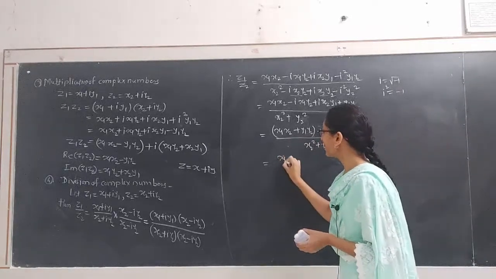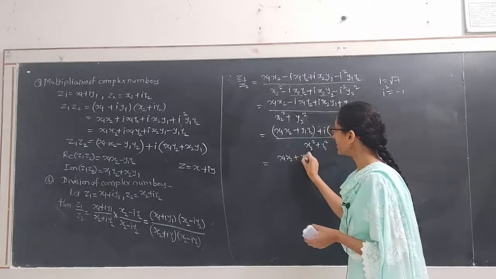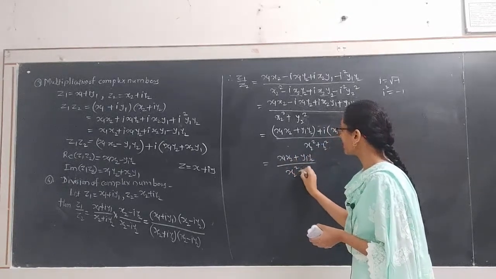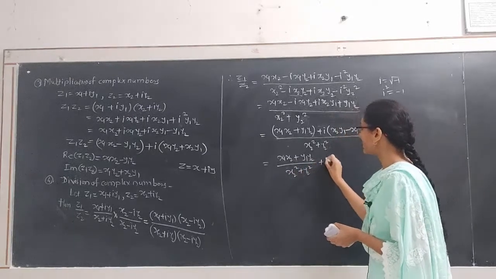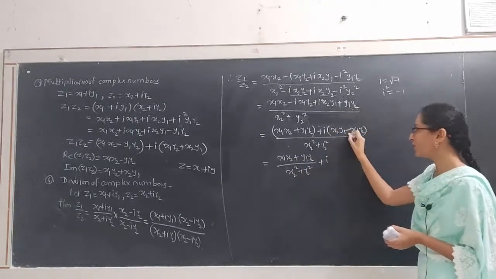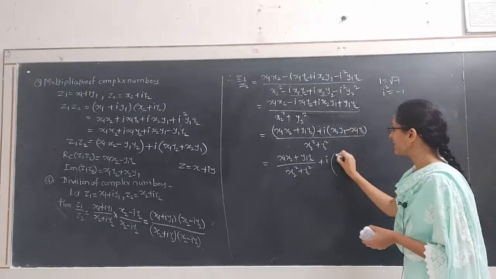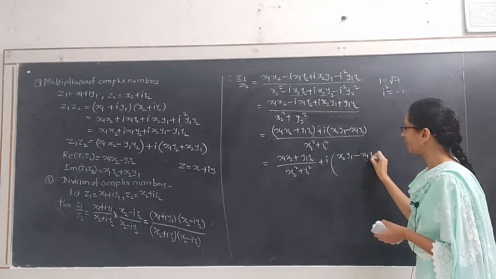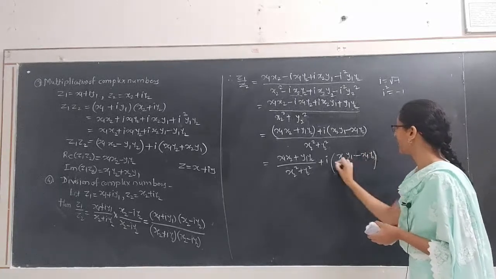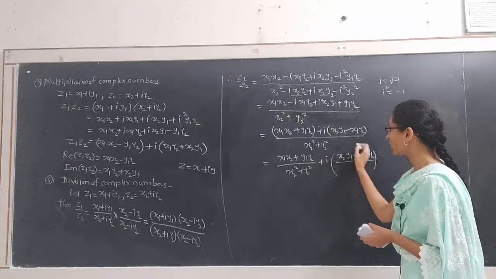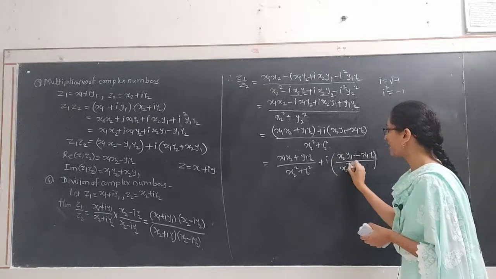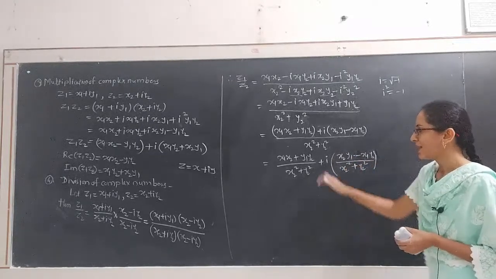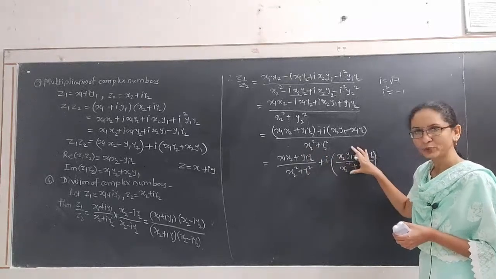Then we get x1 x2 plus y1 y2 divided by x2 square plus y2 square, plus i times x2 y1 minus x1 y2 divided by x2 square plus y2 square. Now we are in the form x plus iy.